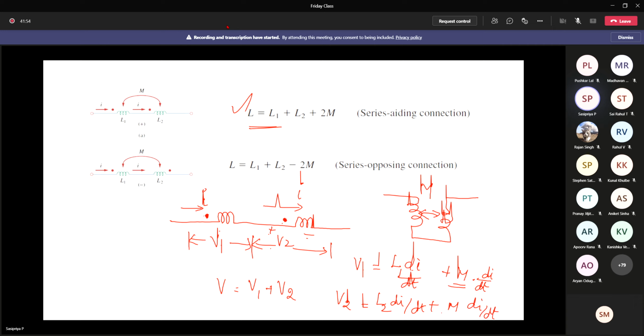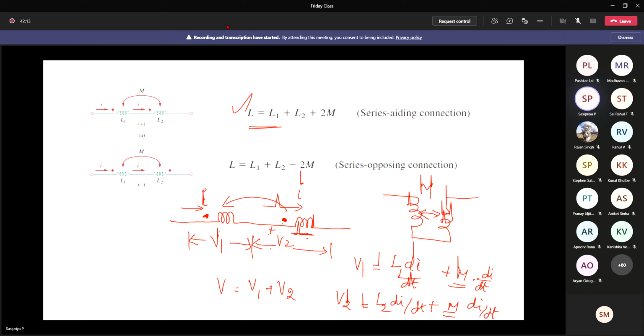So how do I write plus M here? Because current enters here, so the voltage at this dot will be positive. This is the mutual voltage due to the mutual flux.